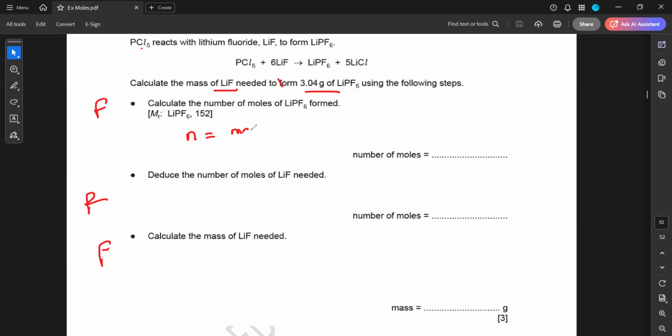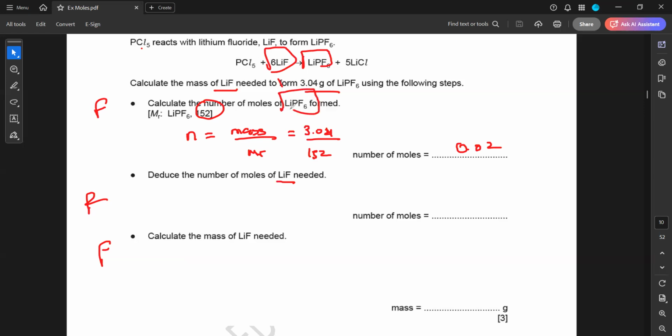So moles equal mass in gram divided by the molar mass. How much is the mass in gram? 3.04. What about the molar mass? It's given here, 152. So we divide it by 152. That is 0.02. So we got the moles 0.02. Next we need the moles of lithium fluoride. So we take a ratio between these two, because LiPF6 moles we have and we need LiF moles.